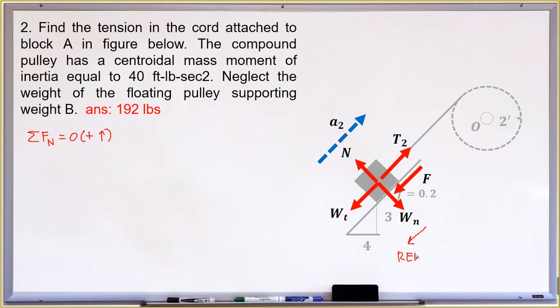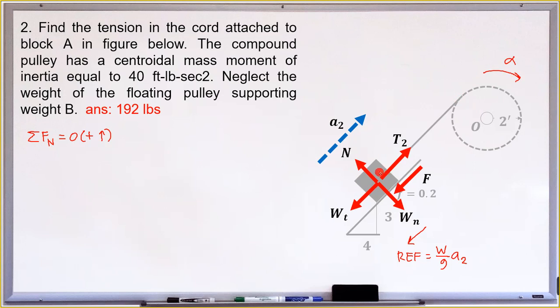This is the inertial force, which again equals the weight over g times the acceleration. This is a2. Now, we need to find a relation of a2 in terms of alpha. The compound pulley rotates with alpha.